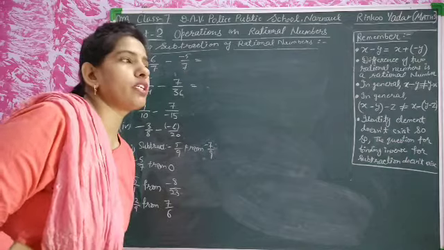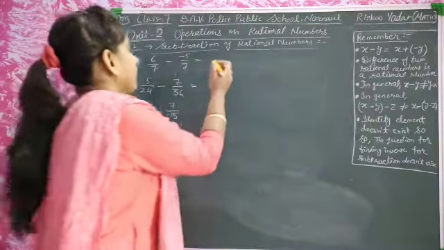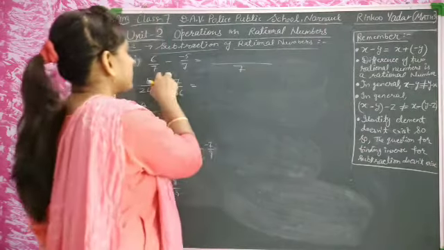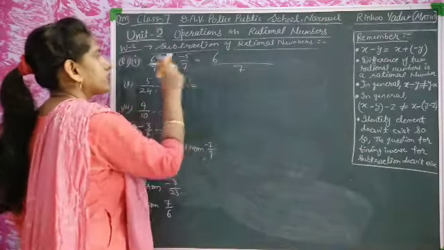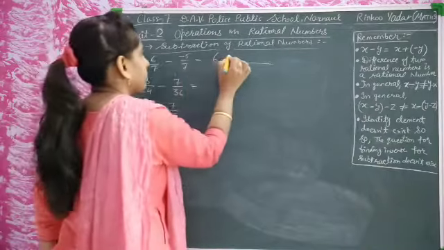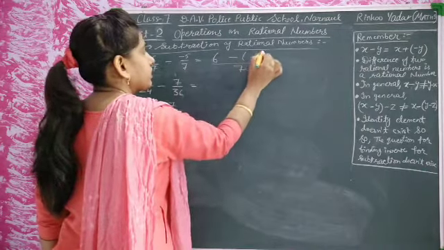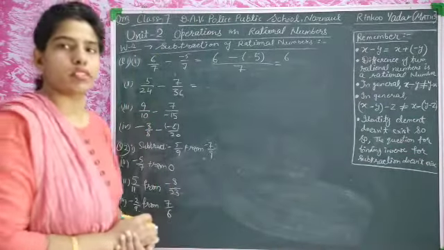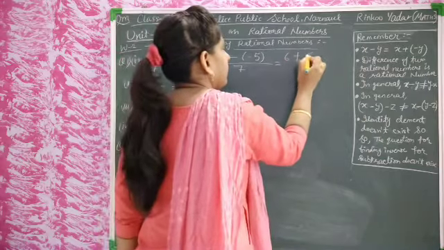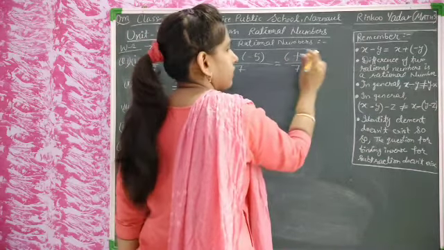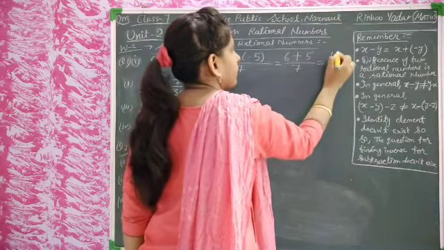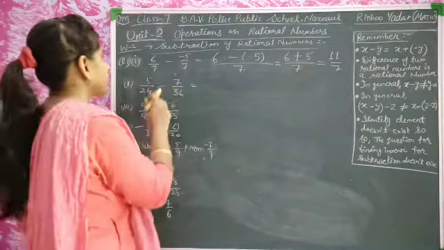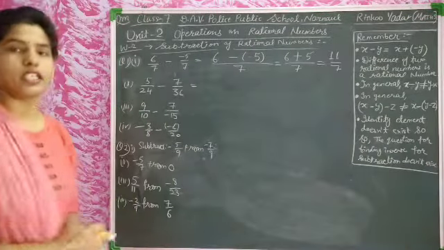The denominator is the same, so we take 7 as it is and the numerators 6 minus minus 5. Minus multiplied by minus becomes plus, that equals 6 plus 5, which is 11 by 7. Is it clear? Now next is 5 by 24 minus 7 by 36.